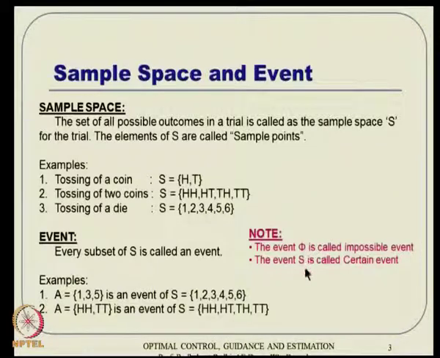The other is the total set S, which is called the certain event, since it is guaranteed to contain everything. For example, if you take 1, 3, 5 out of the die's sample space, that is an event, and if you collect just head and tail out of the coin's sample space, that is also an event.